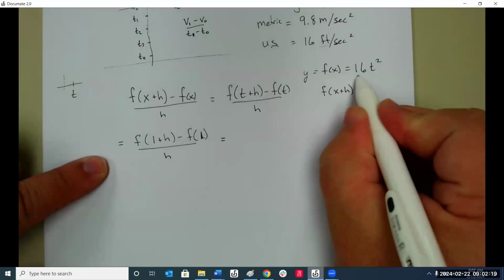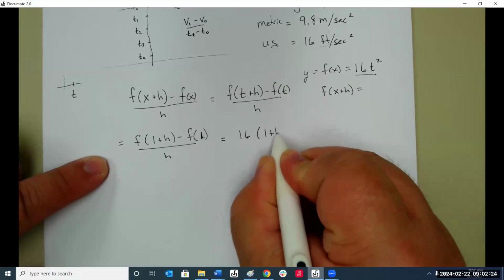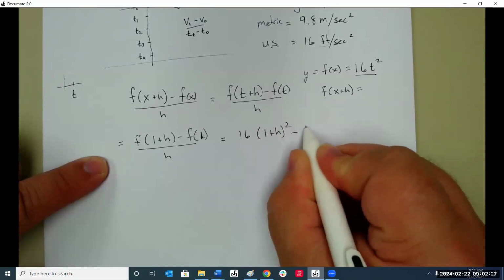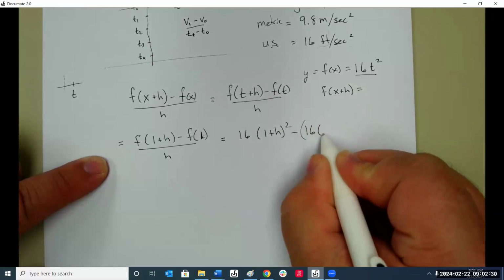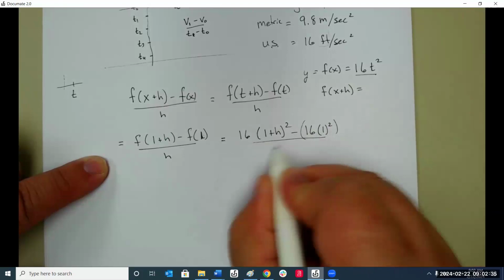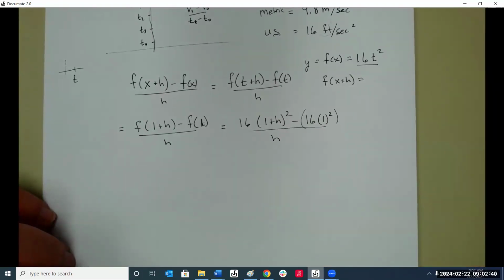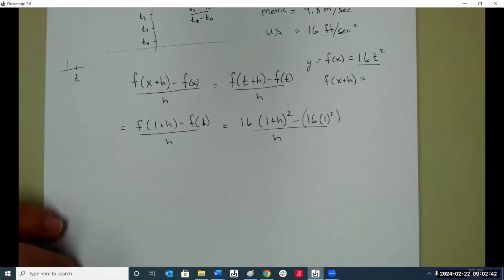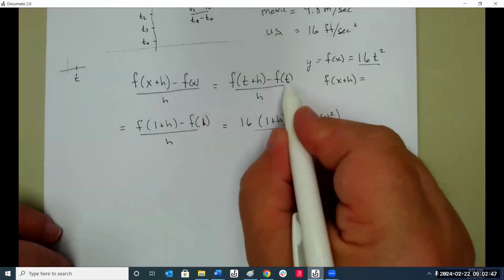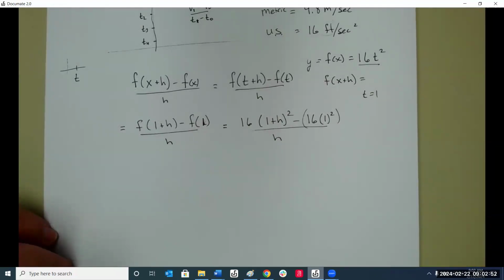What is our function? 16t squared. So it's 16 times 1 plus h squared minus 16 times 1 squared over h. Because anywhere we see a t, we put a 1. And the function is 16t squared.